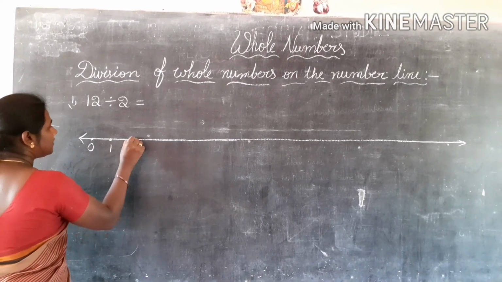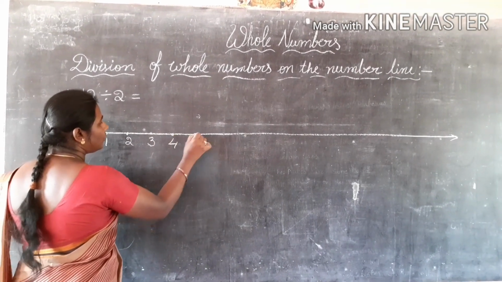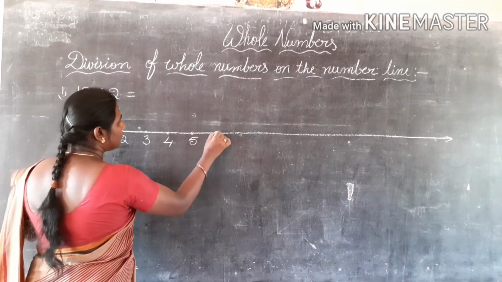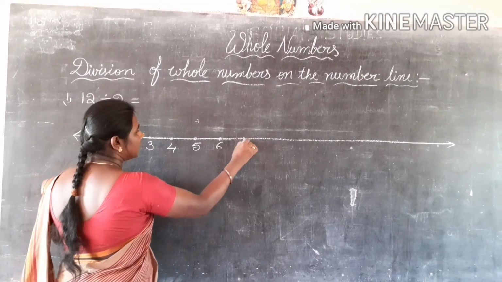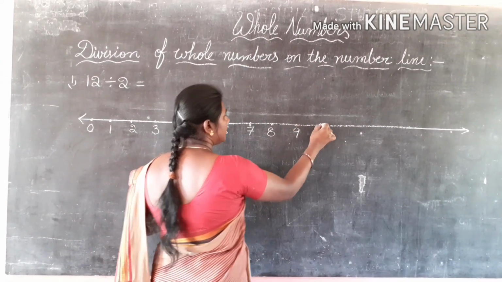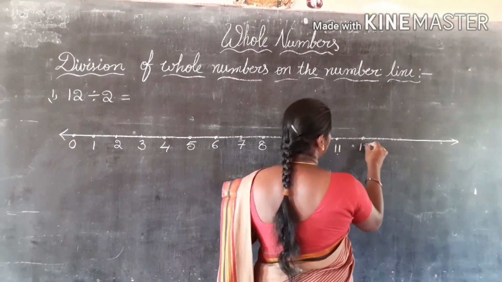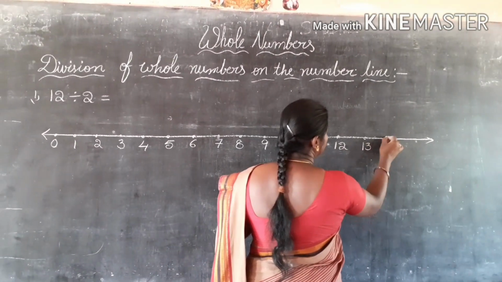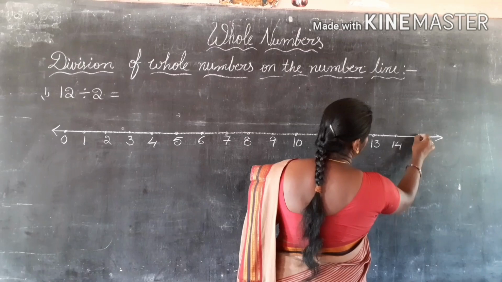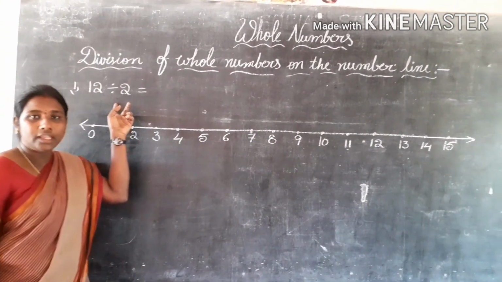Zero, 1, 2, 3, 4, 5, 6, 7, 8, 9, 10, 11, 12, 13, 14, 15. Here 12 divided by 2.